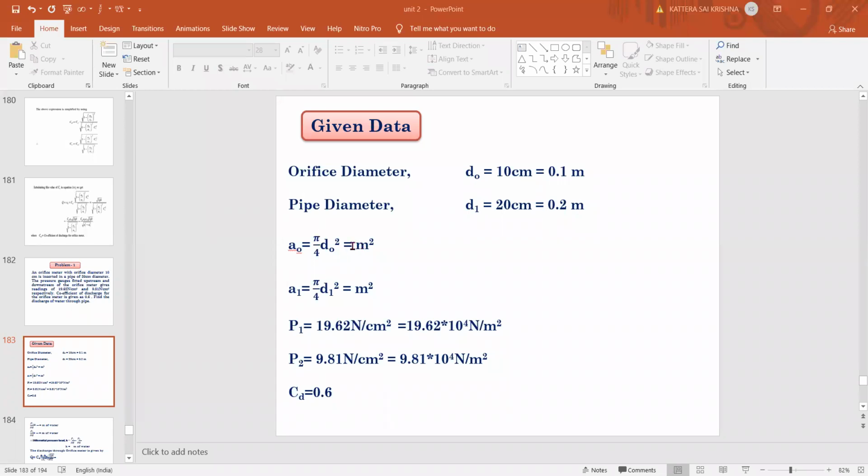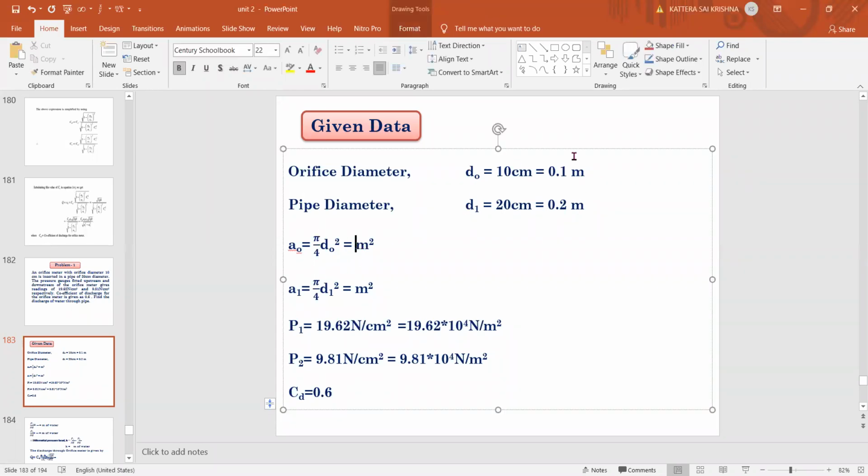Next, to find the cross-sectional areas using the diameters, A naught is equal to pi by 4 D naught square, so pi by 4 into 0.1 square. Please tell me the value of the area. 0.00785 meter square.